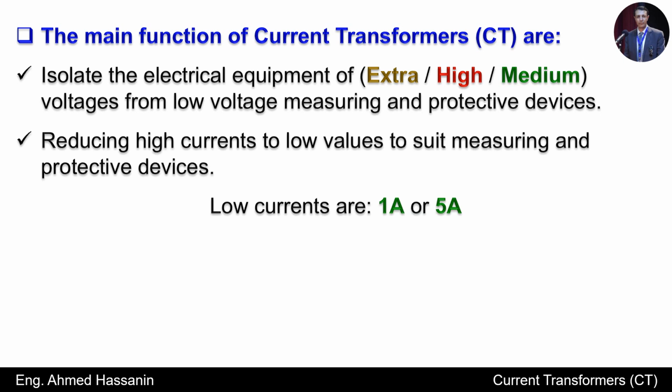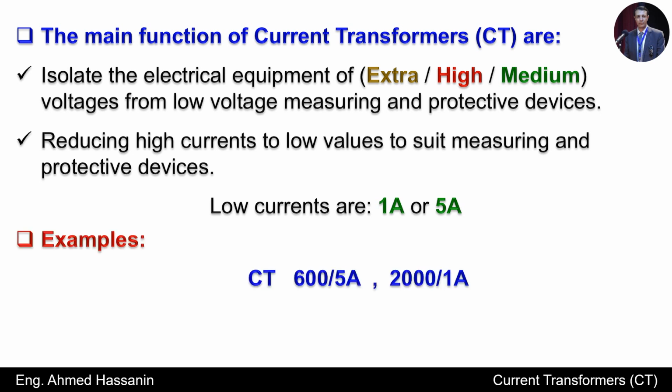Second, reduce high currents to low values to suit measuring and protective devices. The standard low currents are 1 ampere or 5 amperes. Example, current transformer to reduce 600 amperes to 5 amperes, or another current transformer to reduce 2000 amperes to 1 ampere.